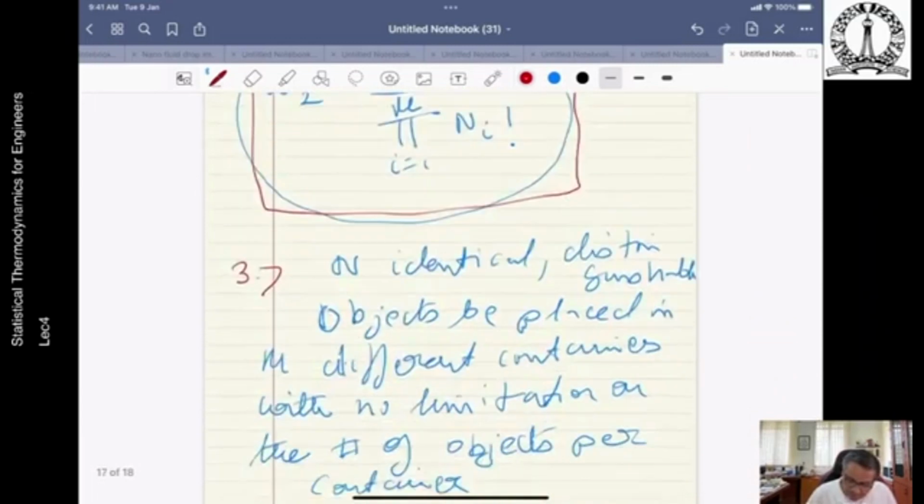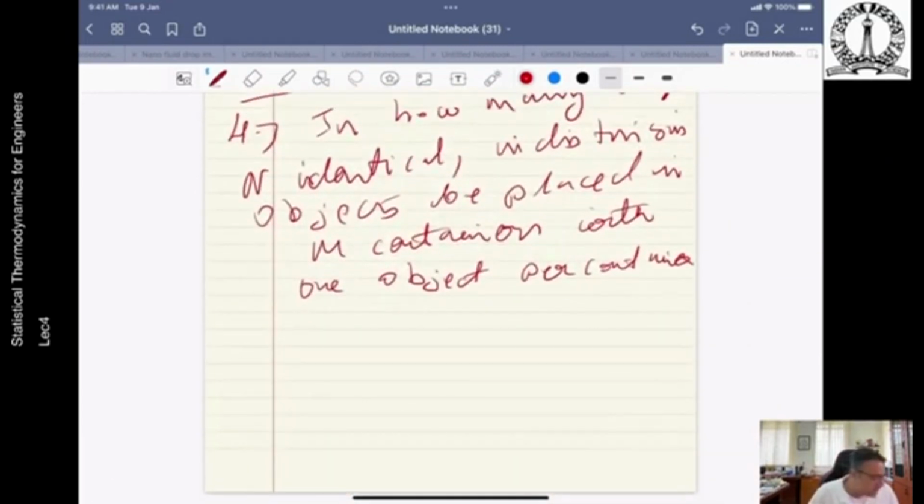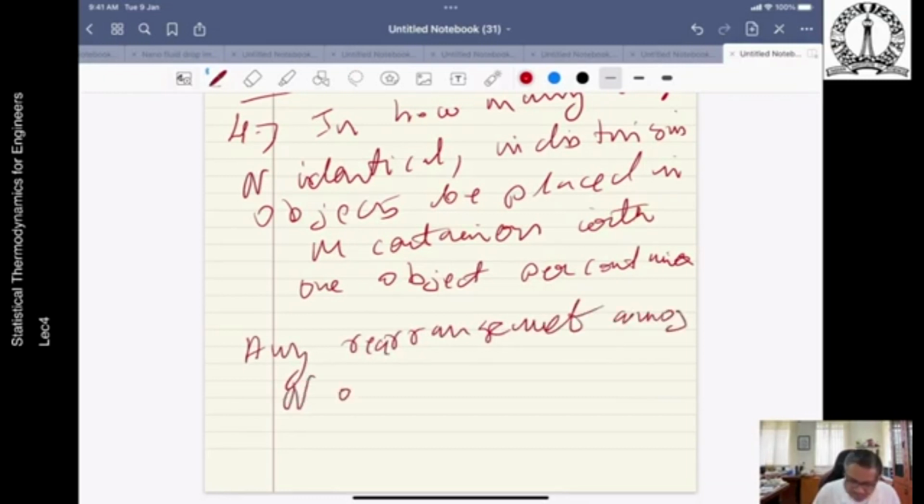Because the objects are indistinguishable now, any rearrangement among n objects yields nothing.